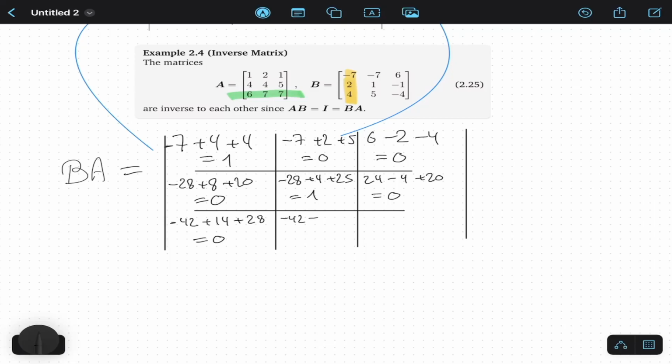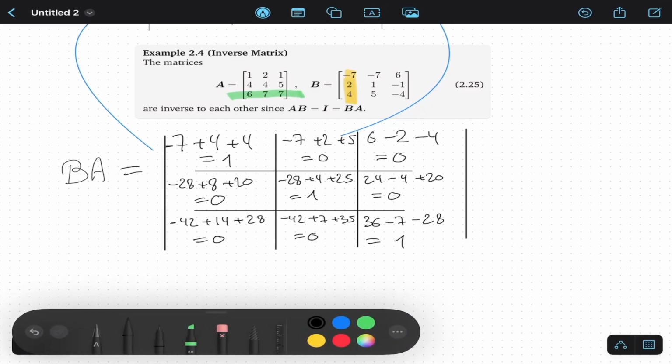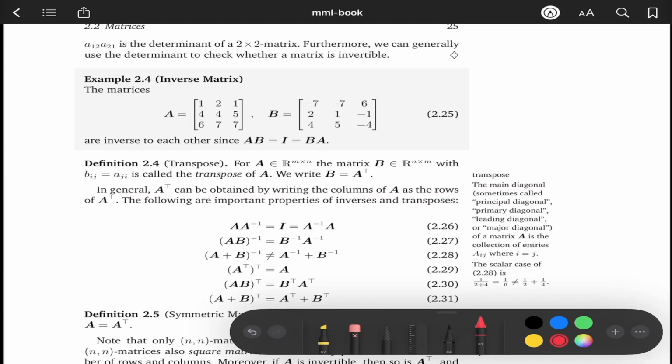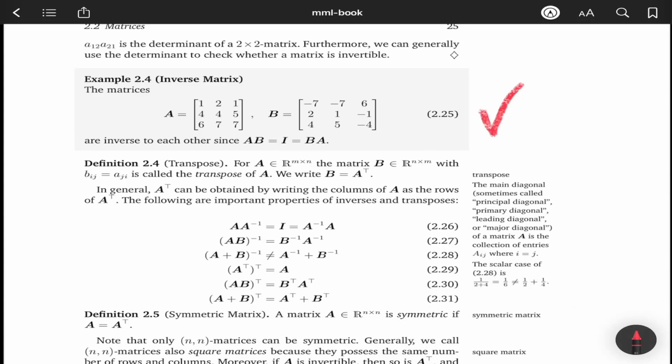Then we have plus 7 and plus 35. That makes 0. And the last one is 36 minus 7 minus 28. That's 1. And we see we have the identity matrix again. Cool. Okay, we can say this is correct.